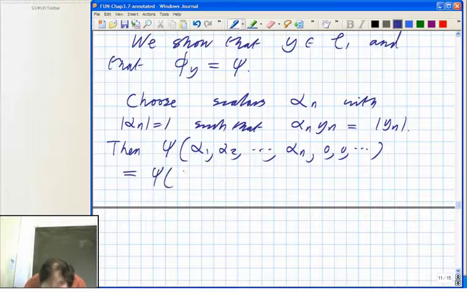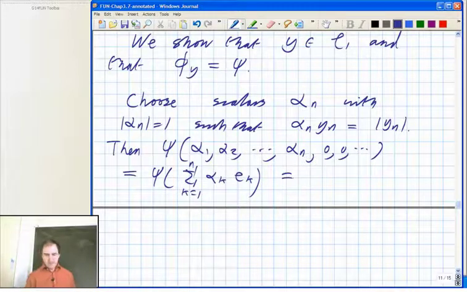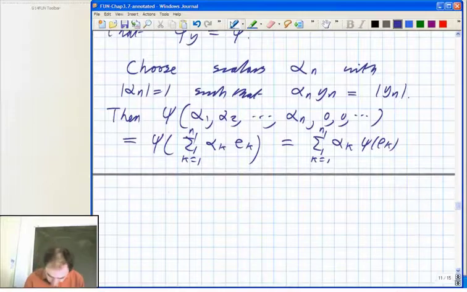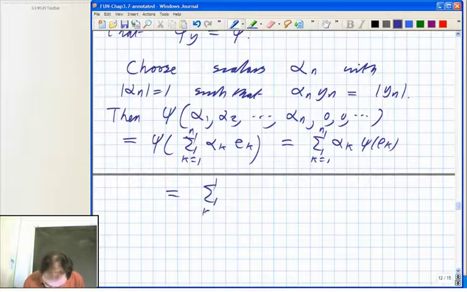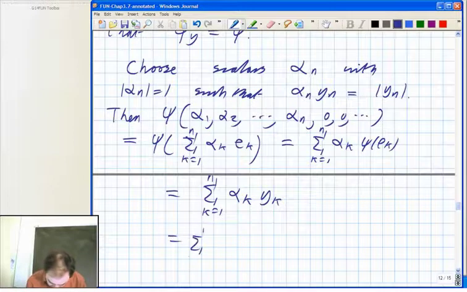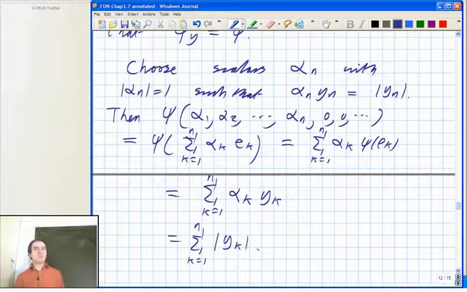That's psi of the sum from k equals 1 up to n of alpha k ek. So that being a finite linear combination, we can just write that as the sum from k equals 1 to n of alpha k psi of ek, which is the sum from k equals 1 to n of alpha k yk, which is equal to the sum from k equals 1 to n of mod yk, because that's how the alphas were chosen.